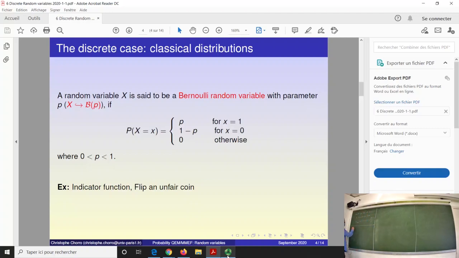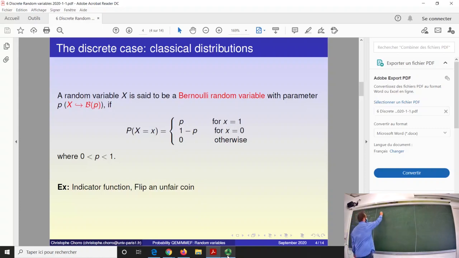Suppose that you flip a coin such that the probability to obtain, let's say, head is equal to P. If I denote by X the random variable defined this way, 1 if head, 0 if tail, okay?